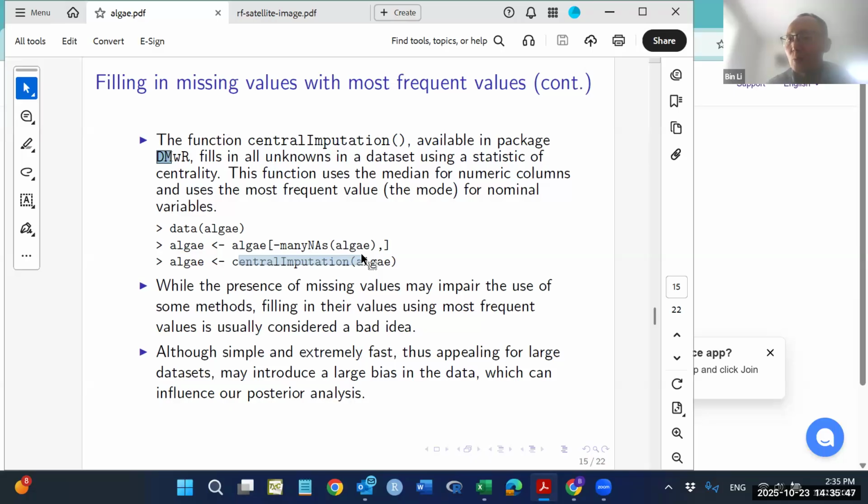If we have a missing value within a numeric variable, it will be replaced by the median. If it's categorical, it will be replaced by the most frequent. So you can use this function to easily replace the missing values.